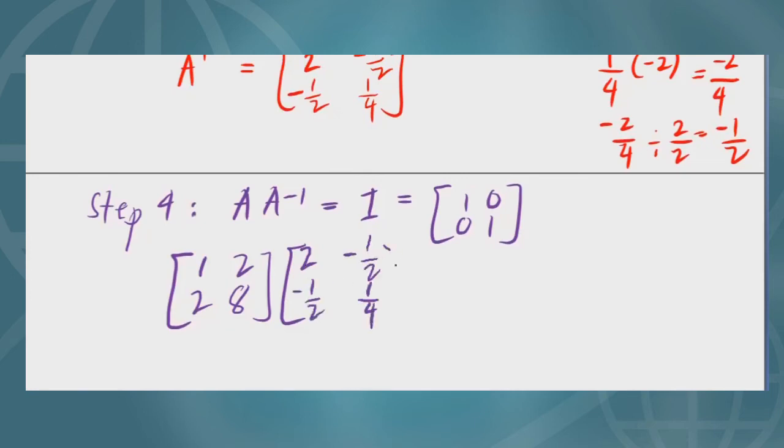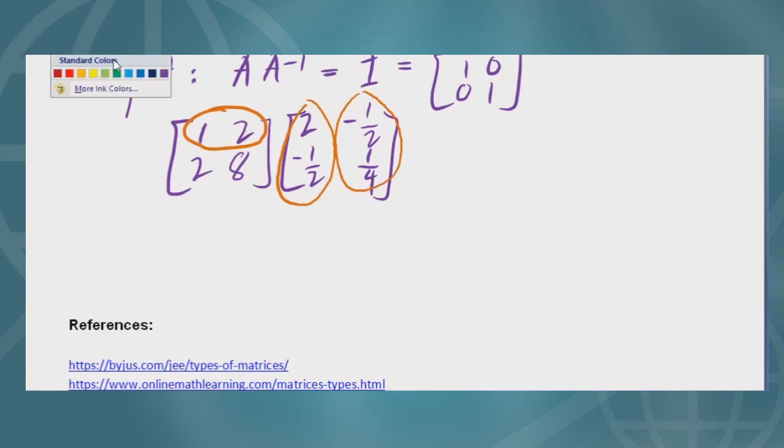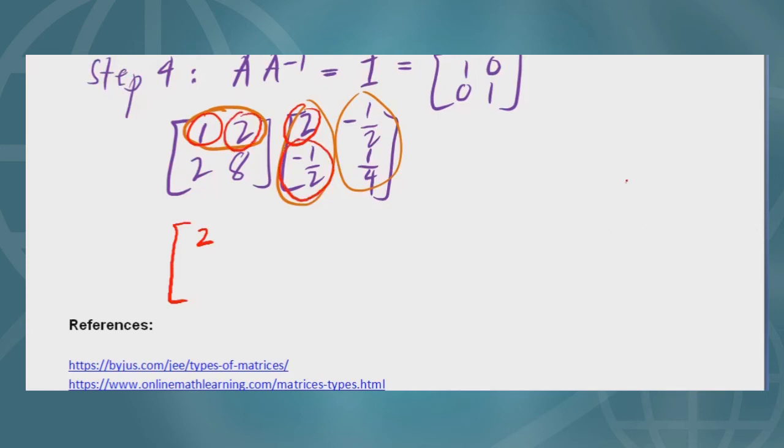So, you will apply matrix multiplication. You know matrix multiplication, right? Multiply the first row of the first matrix to each of the columns of the second matrix. As you multiply, 1 times 2 is 2. And then 2 times negative 1/2, the 2 cancels, what remains is negative 1, so minus 1.